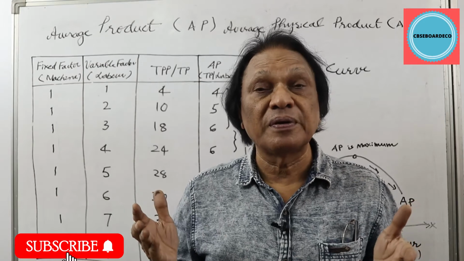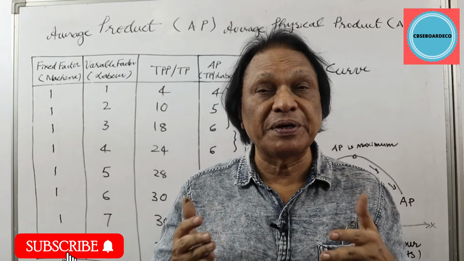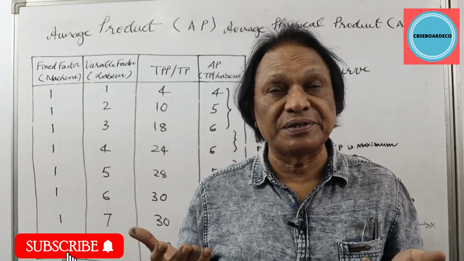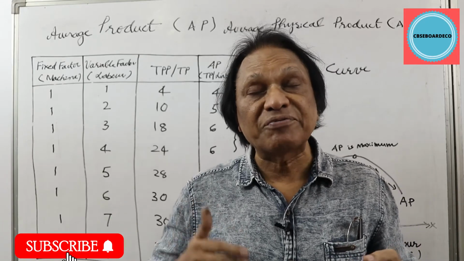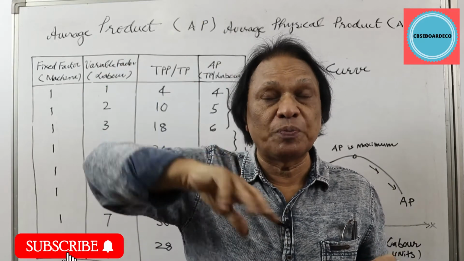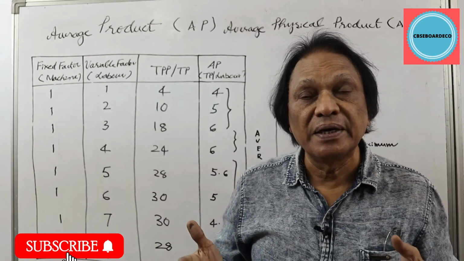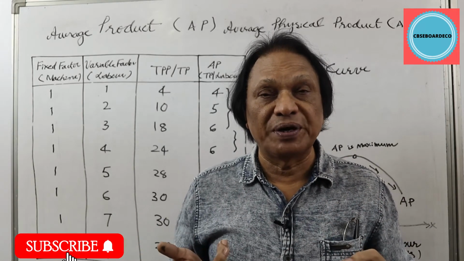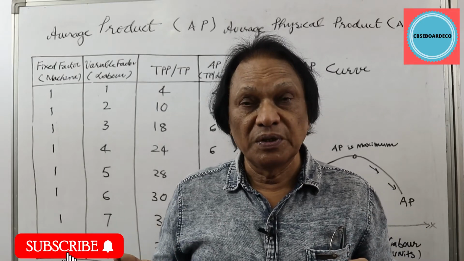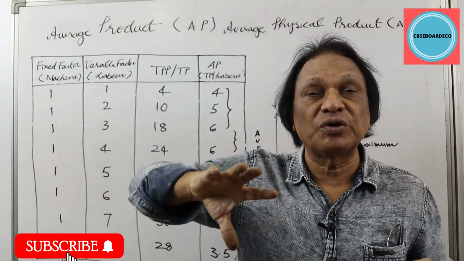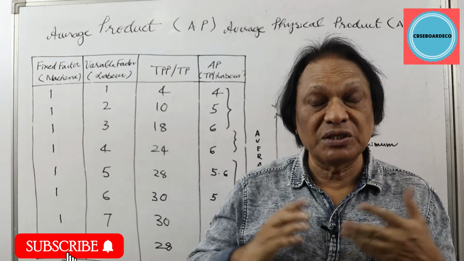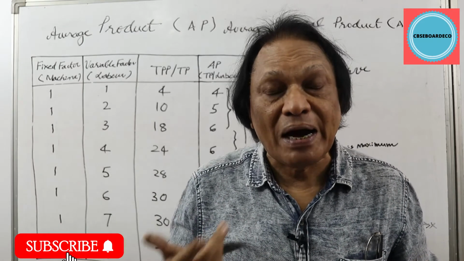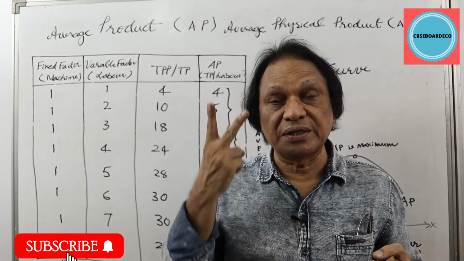For example, if 10 laborers are producing 20 pens, on average each laborer is giving you 2 pens. How do we get that? AP is equal to TP upon number of labor units. The total product is 20 pens by engaging 10 laborers, so average product is 20 upon 10, which is equal to 2.